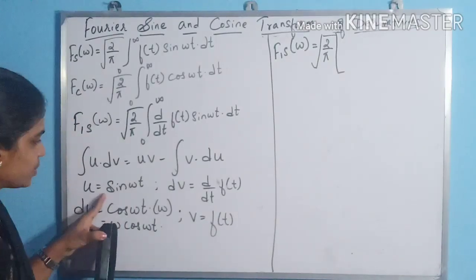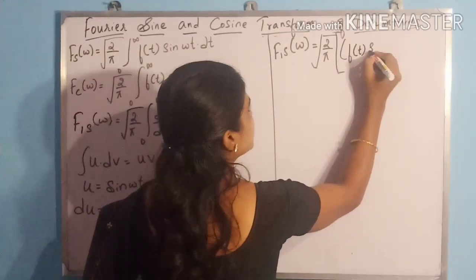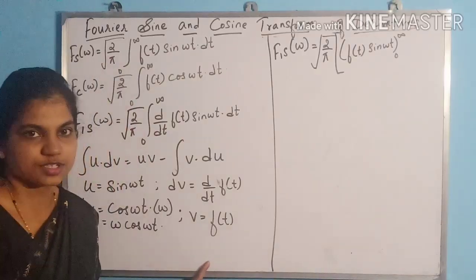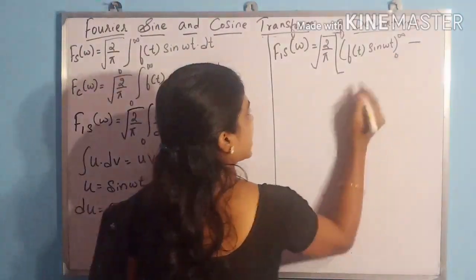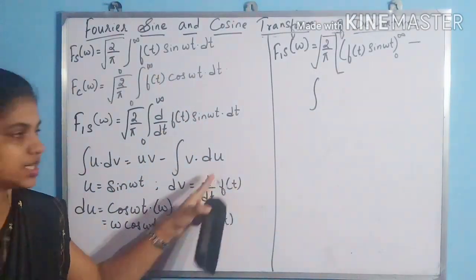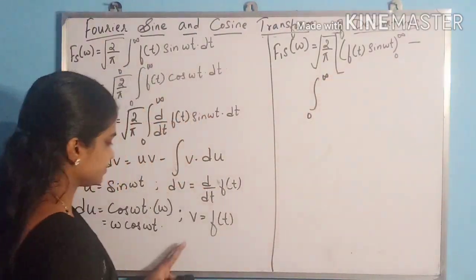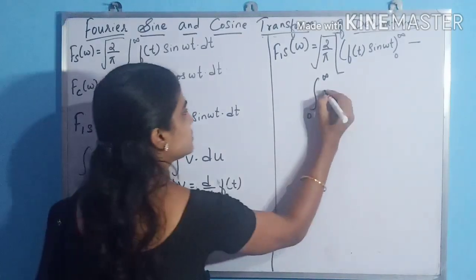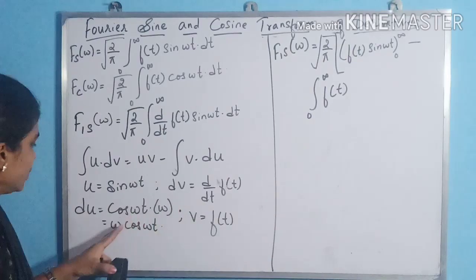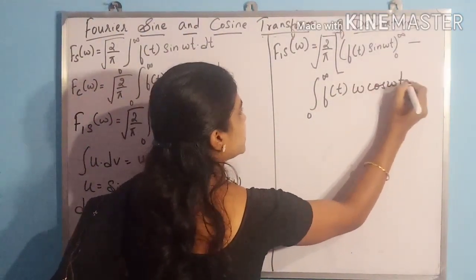So that is sine omega t into f of t, or I'll write f of t into sine omega t, the limits from 0 to infinity, minus, I'll take it down here, integration v into du. The integration is from 0 to infinity. So we have v is f of t and du is omega cos omega t. Omega cos omega t dt.